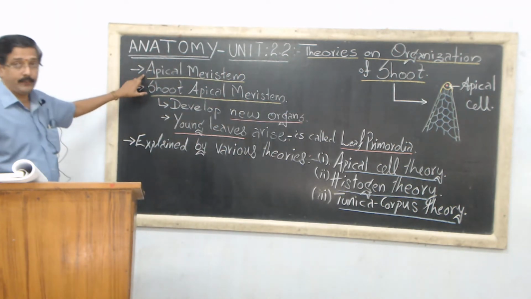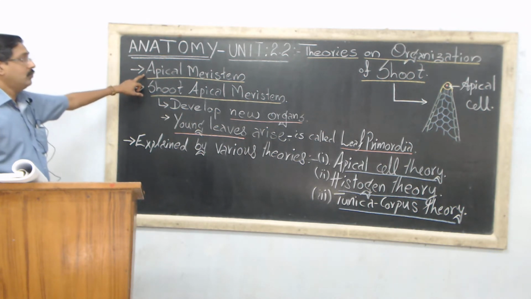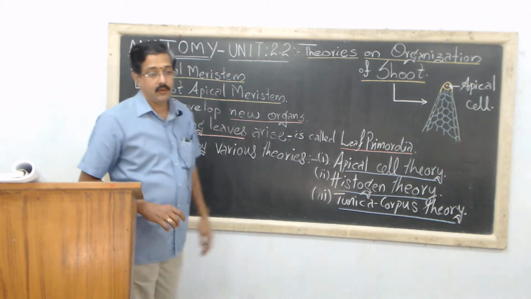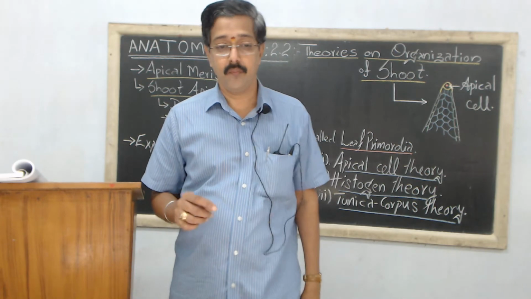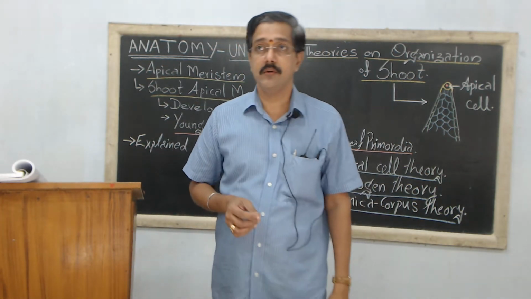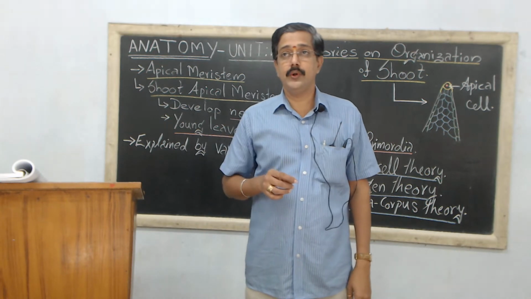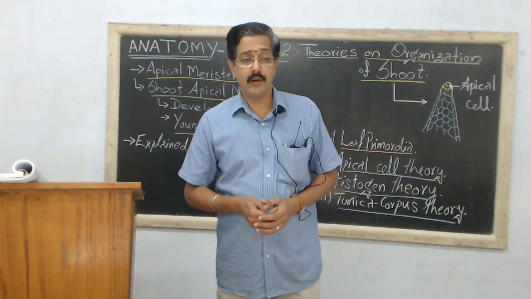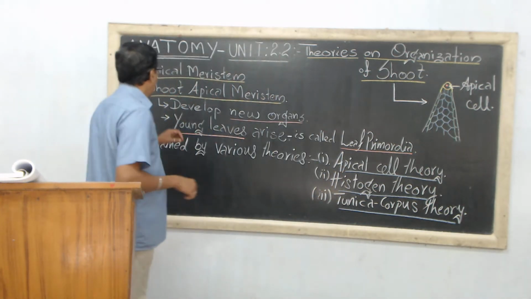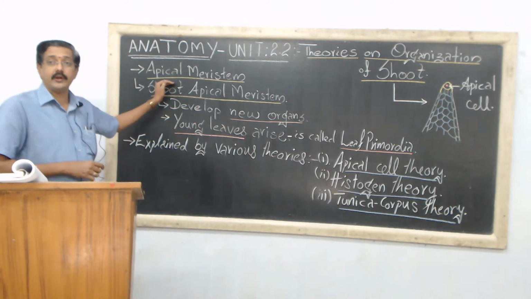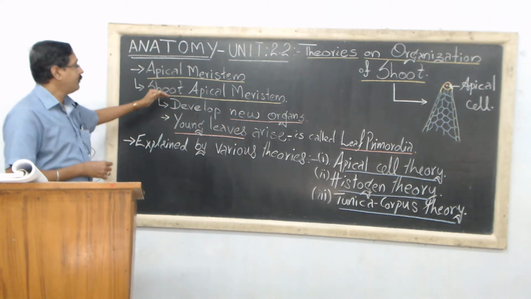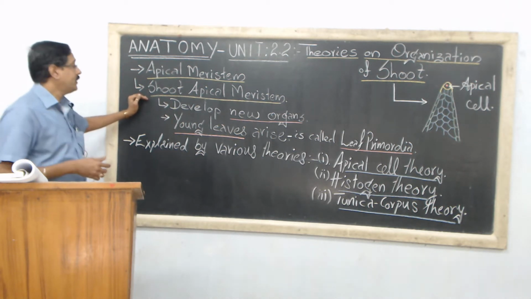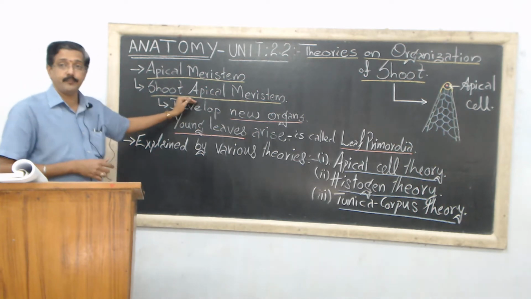So come to the organization, how the shoot is getting organized. From an embryonic cell, the single cell multiplies and a mass of cells and tissues are getting differentiated, and from that mass of cells, the apical meristem is differentiated, and from the apical meristem, the apical meristematic cells are getting de-differentiated into shoot apical meristem.